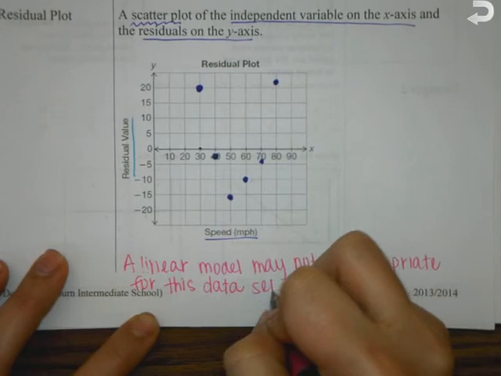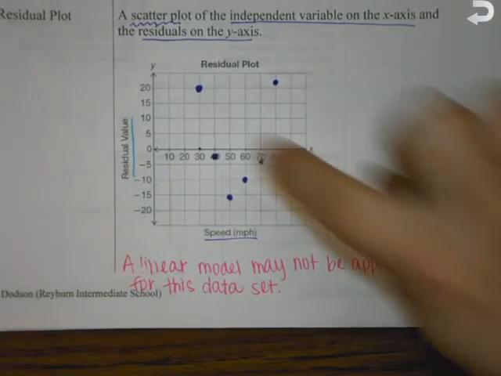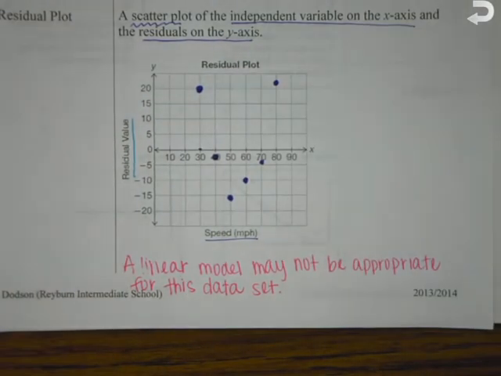Okay? Because we have a pattern, that tells us that the actual data doesn't really look linear. So a line of best fit isn't really appropriate for this set of data because some of our predicted values were way different than our actual values. Does that make sense? Okay.